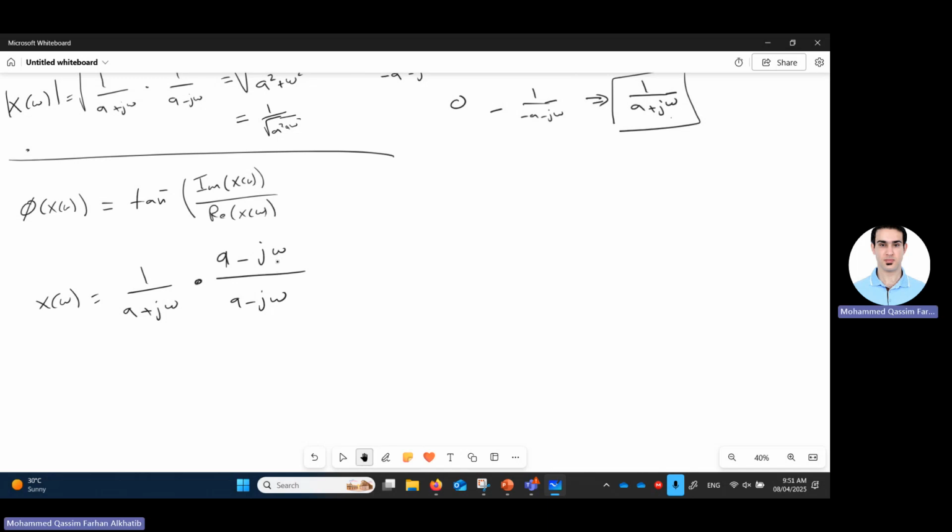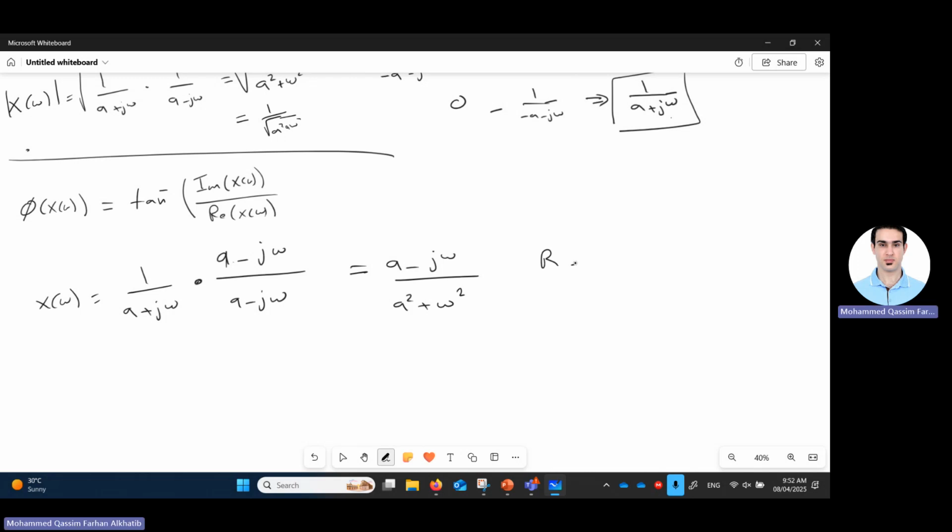The reason is I'm multiplying by 1. That's the first thing. So this is like multiplication by 1, no difference to the amplitude. The thing is my complex numbers will be in the numerator, so it will be easier to deal with. I can easily separate them. So that will lead to a minus j omega over a square plus omega square.